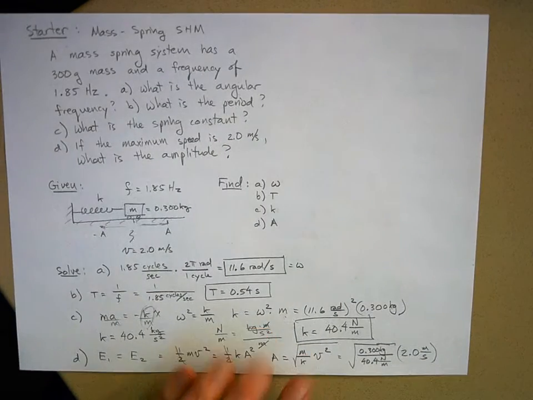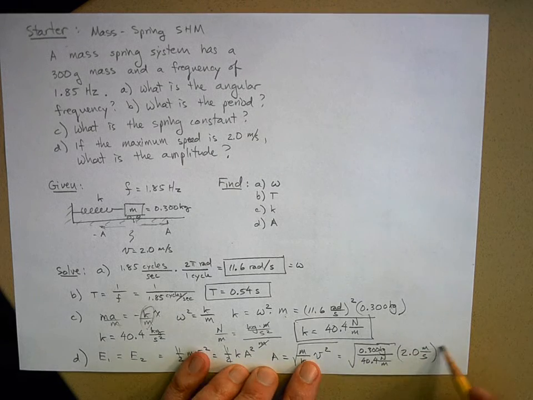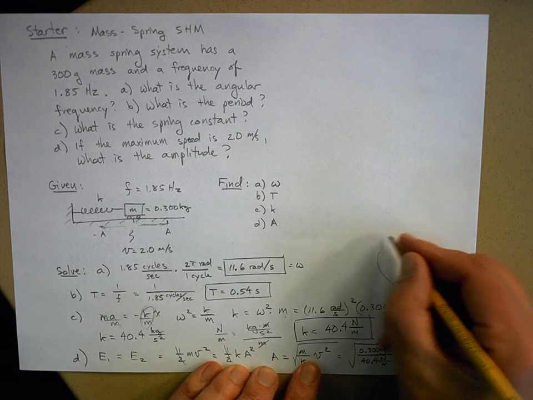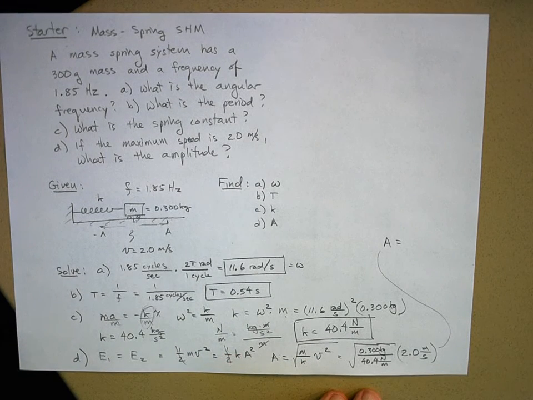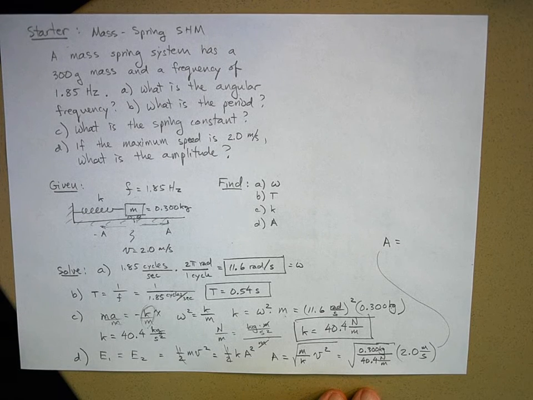And I'm running out of room here, so let me put it over here. So A is equal to, let's see, 0.3 divided by 40.4. That equals a small number. And then I'm going to take the square root of that.